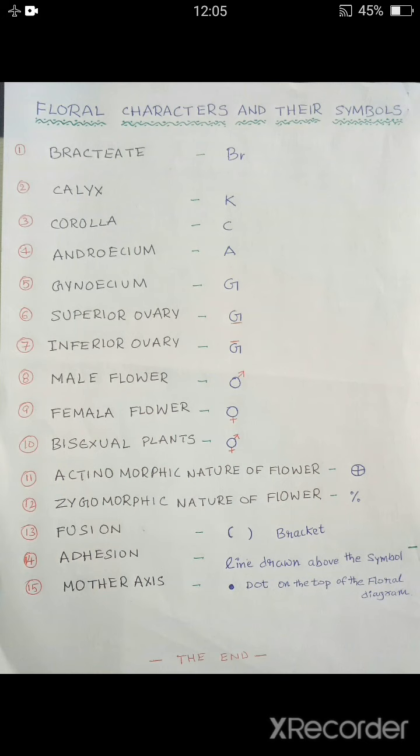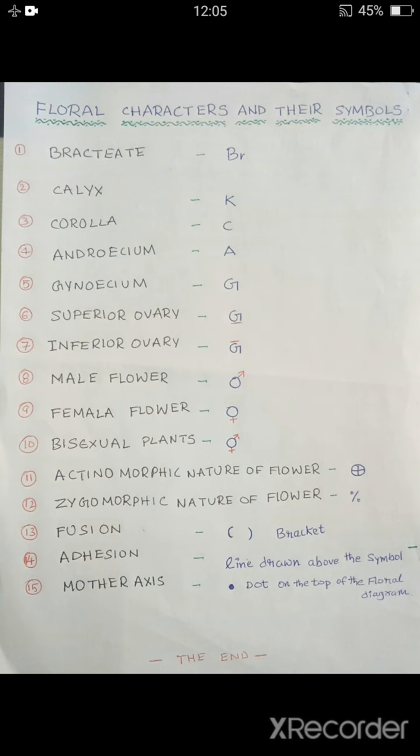As we discussed in the previous class, if the flower is having a bract, that nature is called bractate. As we also discussed, a bract is a modified leaf, right? That phenomenon can be indicated with capital B, small r. Hope you are seeing the screen.